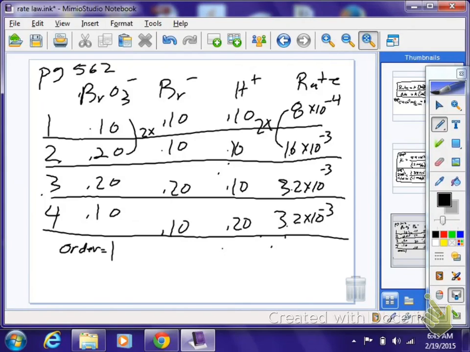The next scenario we can look at would be experiment 2 and 3. Bromide doubles. What happens to the rate there? It also doubles. So 3.2 to the minus third divided by 1.6 to the minus third is 2 times. So guess what? We get another order of 1.